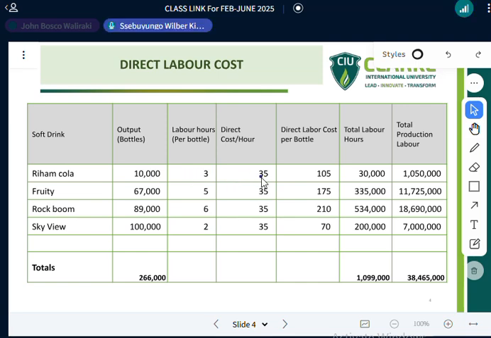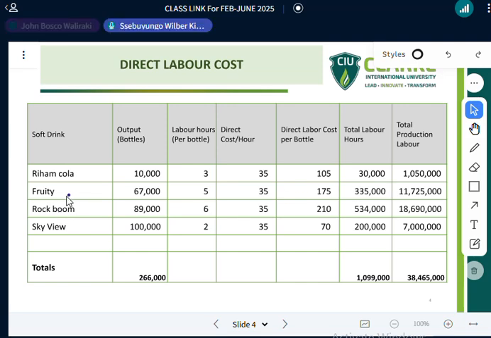So it means that the total production hours for the whole period, for specifically Riham, is 3 hours per bottle times the 10,000 bottles. That is the 30,000 you're seeing here.